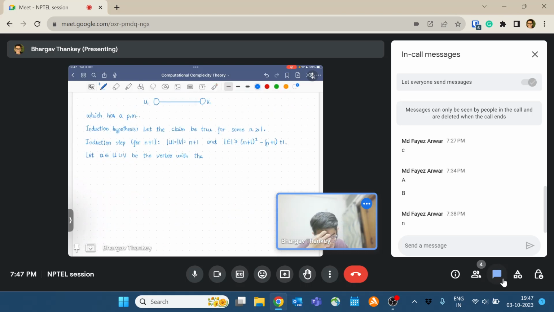So let A in U union V be the vertex with the minimum number of edges incident on it.